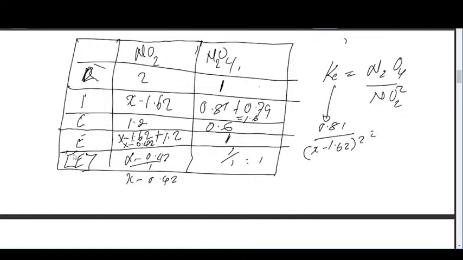This value goes to the Kc, and then I put the expression for this, which is 1 divided by x minus 0.42, squared, and then you solve for x. You can cross multiply to form an equation which you can solve for x.